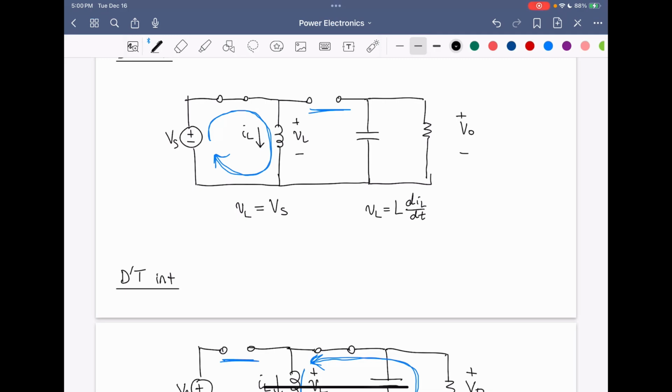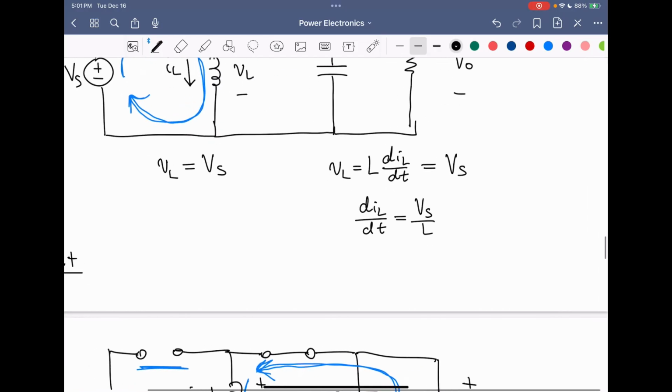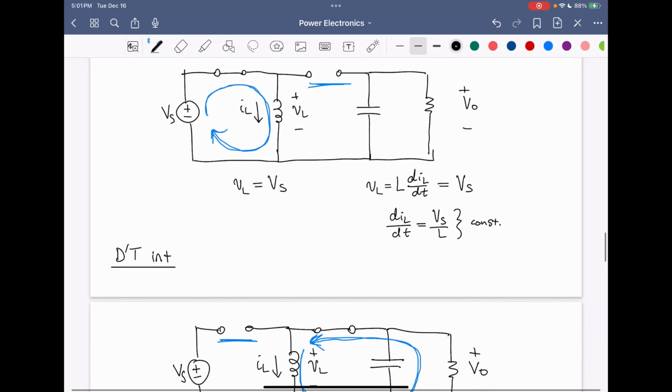VL in this interval is equal to Vs. So that means that dIL/dt is equal to Vs over L. Now this quantity Vs over L is just a constant, a positive constant, more specifically.